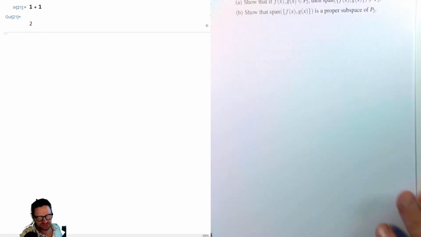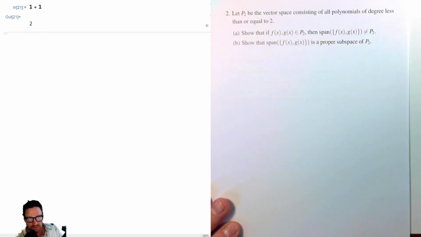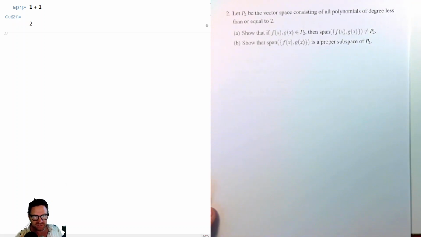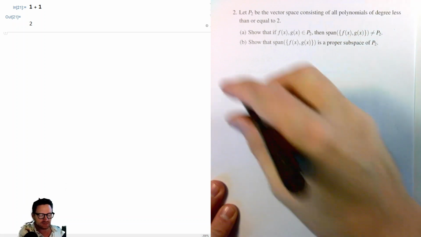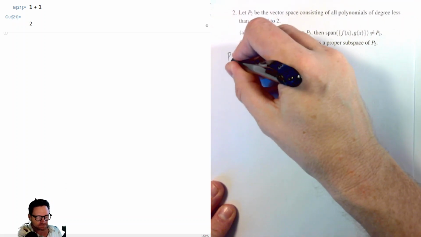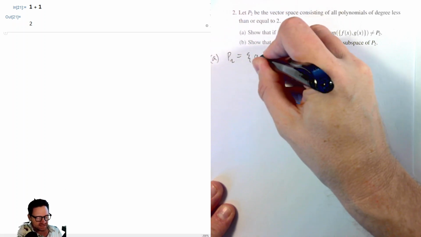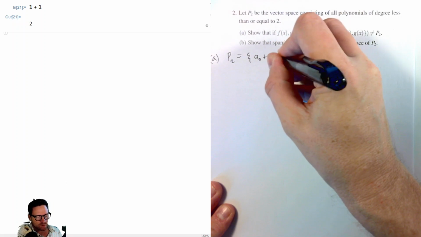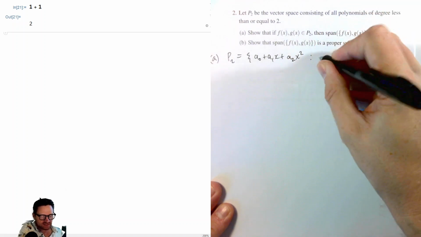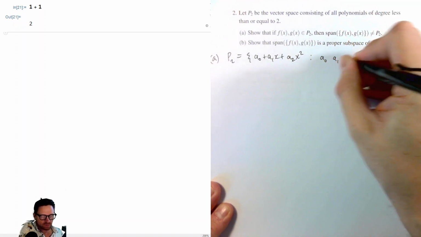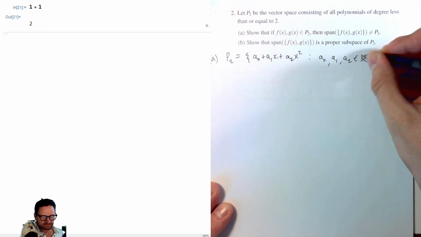Let's move on to question 2. Let P2 be the vector space consisting of all polynomials of degree less than or equal to 2. Let's write this out. It's the set of all a0 plus a1x plus a2x squared such that a0, a1, a2 are real numbers.